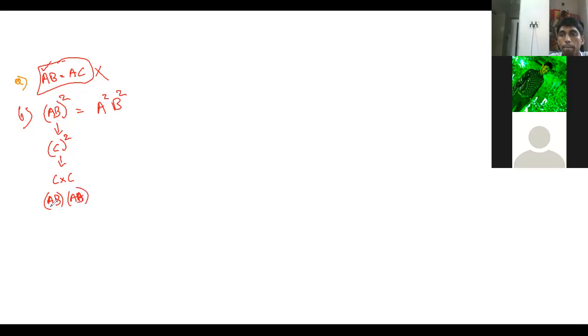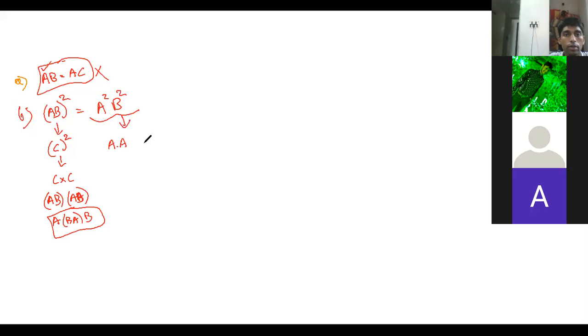Because matrix multiplication is associative, maybe you can write A into BA into B. But is this necessarily equal to A square B square? No. Why? Because A square B square is A into A into B into B. These two are different, right? AB is not equal to BA. We cannot say both of them are the same. Okay.